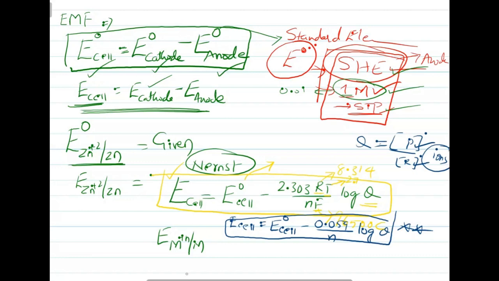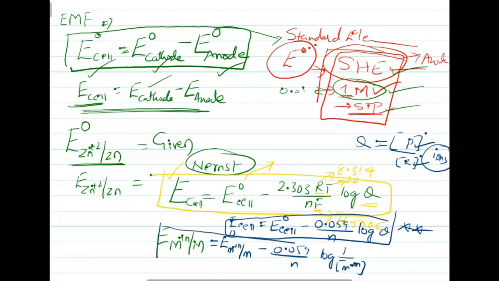Next, when you take a single electrode potential, the equation becomes E naught of M n+ to M minus 0.059 by n log 1 by the concentration of M n+ ion.